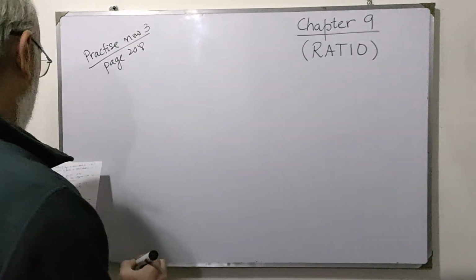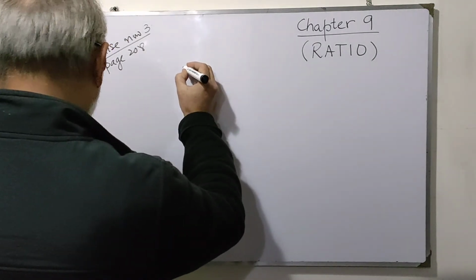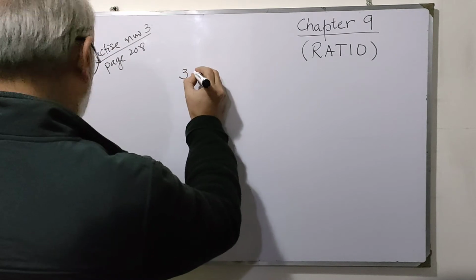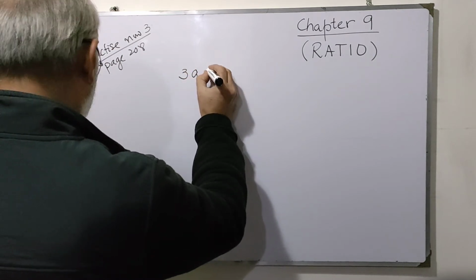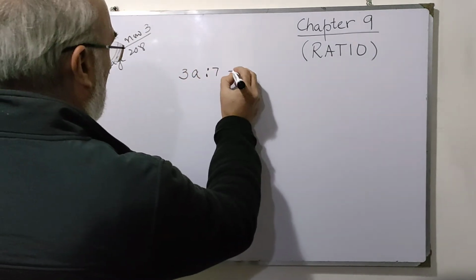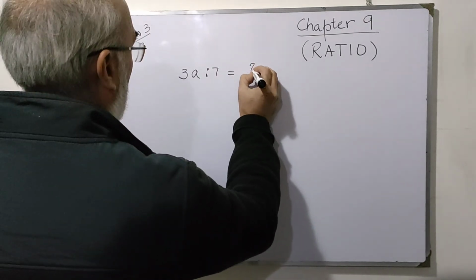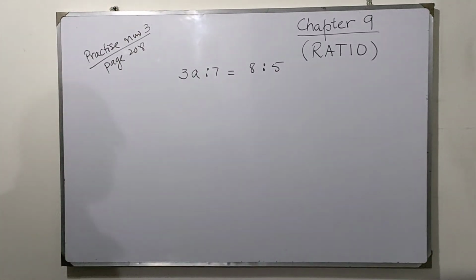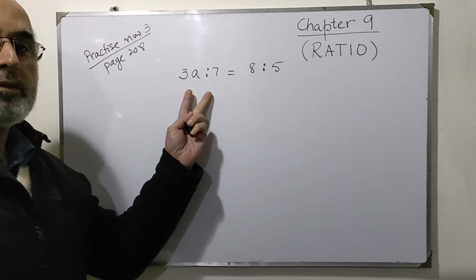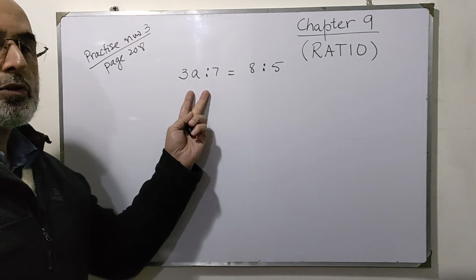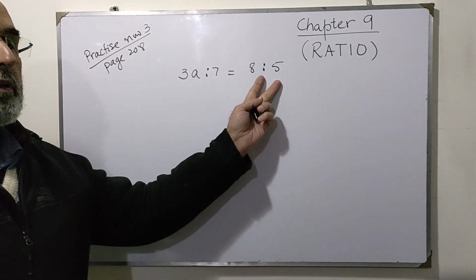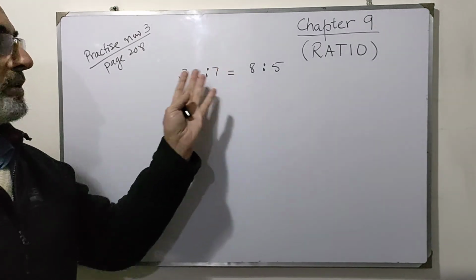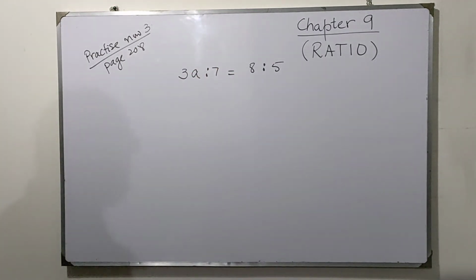Okay, now we have here 3a is to 7 equals 8 is to 5. Now we have a ratio on the left hand side and a ratio on the right hand side. Okay, and both the ratios are equal.